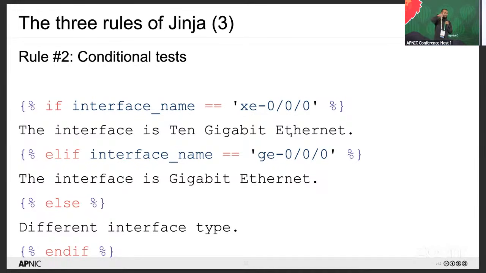The first line here says that if the interface name is a certain string, XC000, then I want to print the line the interface is 10 gig Ethernet. If the interface is gigabit 000, I want to print the interface is gigabit Ethernet. And for anything else, I want to print a different interface type.